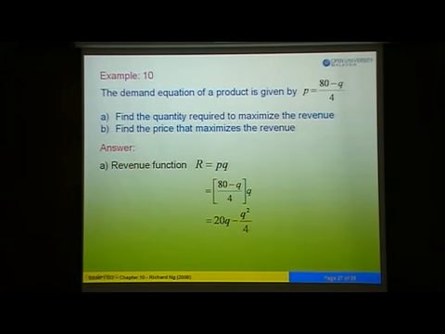But we are asked to find the quantity which will maximize the revenue. So remember the two steps. First step is to find dR/dQ, and second step is to find d2R over dQ square. When we differentiate, 20Q will give us 20, and differentiating Q square, we bring down the 2, so 2 divided by 4, 2 and 4 cancel, remainder 2. So we have 20 minus Q over 2 equals 0 to find the stationary point.